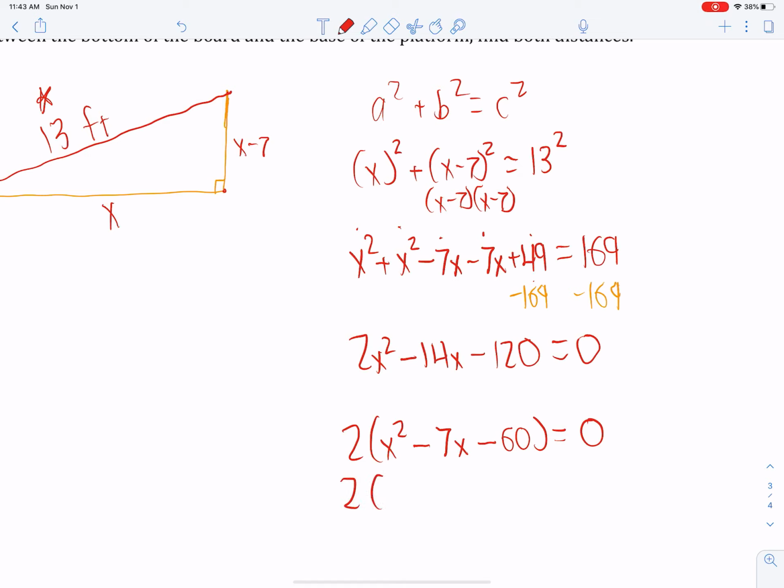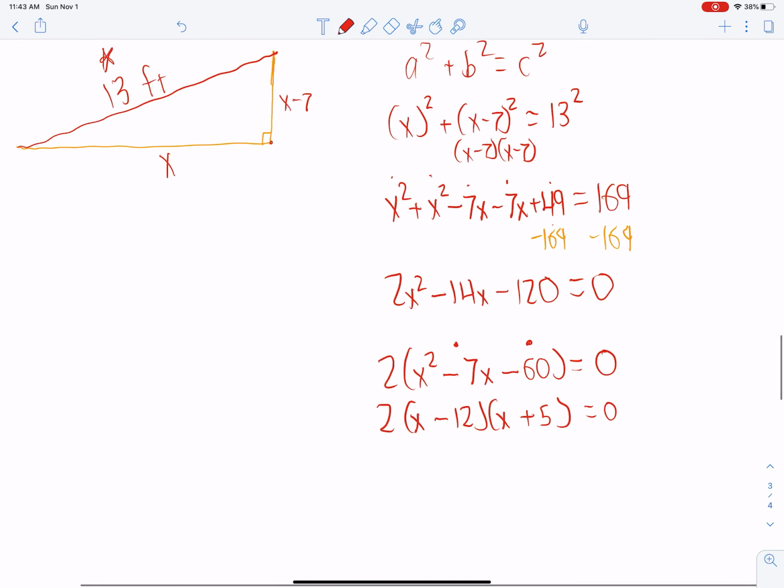Now we can factor that parentheses that we've got there. This is another one that may take you a little while to think about. Thinking of the things you can multiply to get negative 60 that would add up to a negative 7, it ends up being a negative 12 and a positive 5.